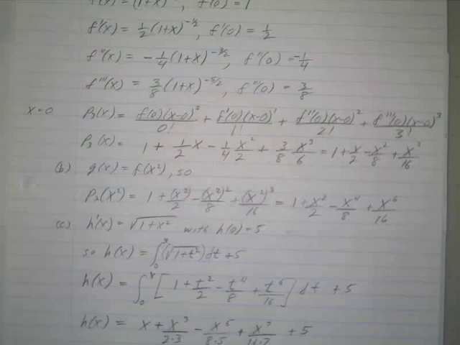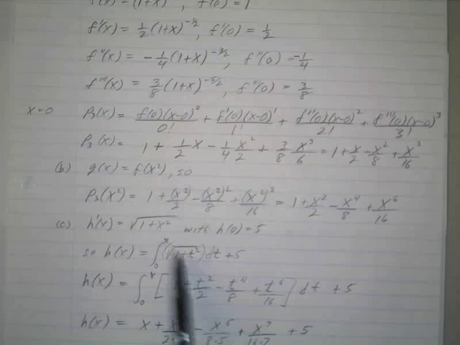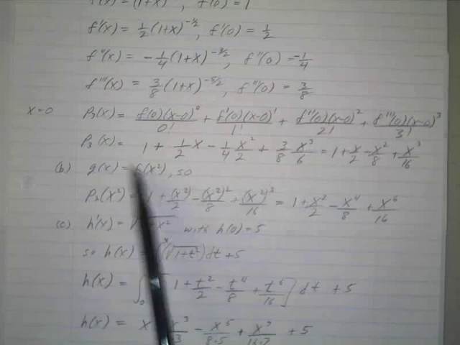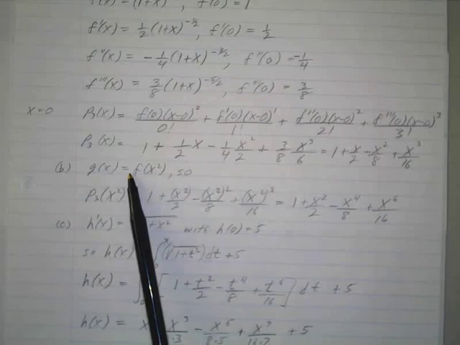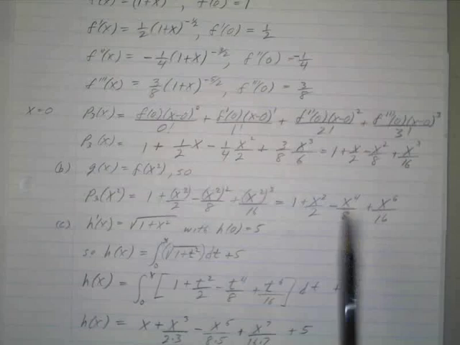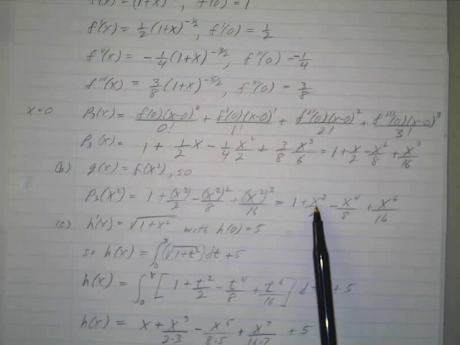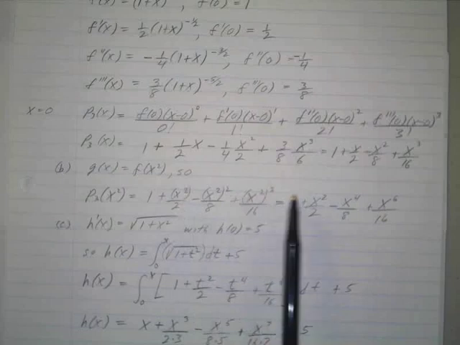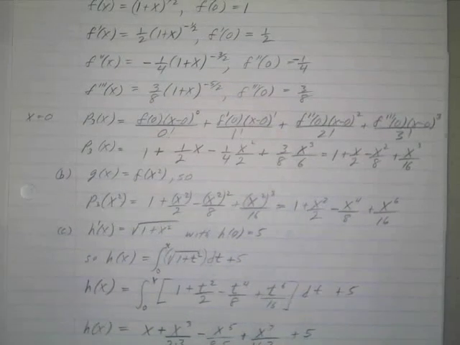So let me just take the integral of each of these terms. So here's my function over here, which was going to go all the way back over here. This was the 1 plus x squared over here. That was the g of x. Okay, that was just f of x squared. I should have probably written out a little bit more of that g of x, so we could see that.